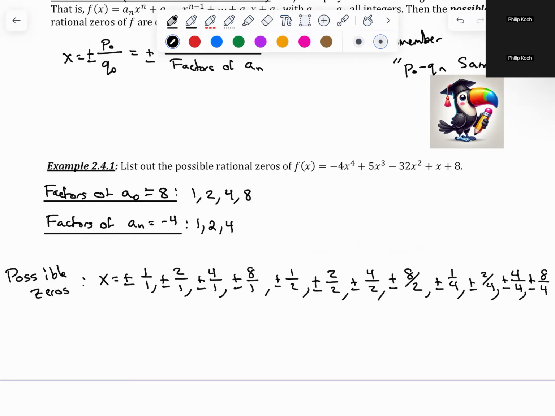However, there's some good news here. We can shorten it, we can reduce it because there's some repeats.